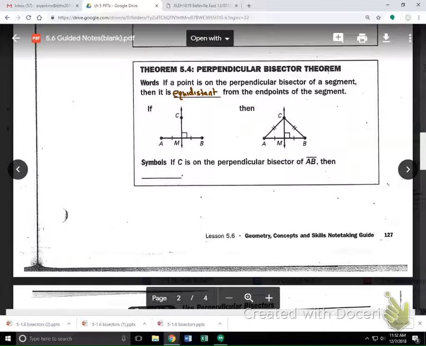And it's equidistant from the endpoints of the segment. So now you see that if it's on that perpendicular bisector, that these are congruent. So the symbols: if C is on the perpendicular bisector of AB, then it is equidistant.